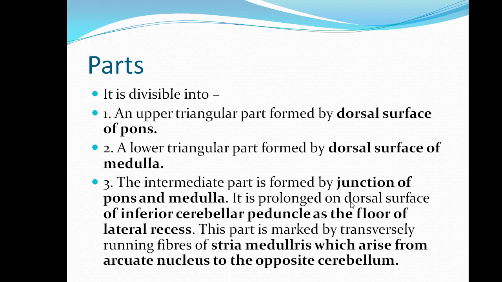It is prolonged on the dorsal surface of the inferior cerebellar peduncle as the floor of the lateral recess. This part is marked by transversely running fibers of the striae medullares, which arise from the arcuate nucleus to the opposite cerebellum.